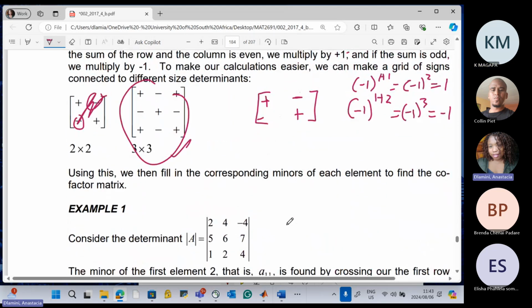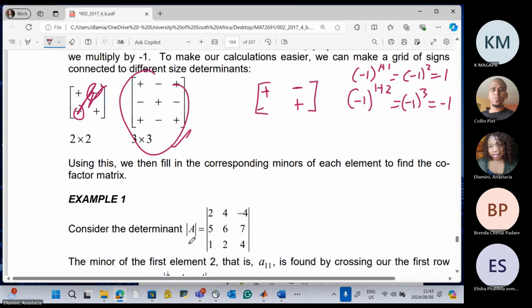Okay, now here they say, consider this matrix. You see that, guys? They gave you a matrix here. Now they want you to find the minor of 2. What is the position of 2? First row, first column. So it's 1 and 1, right?